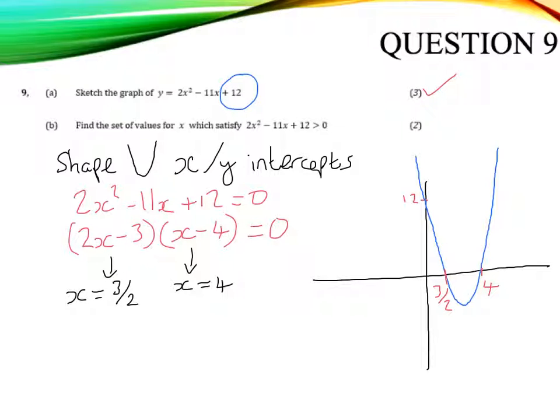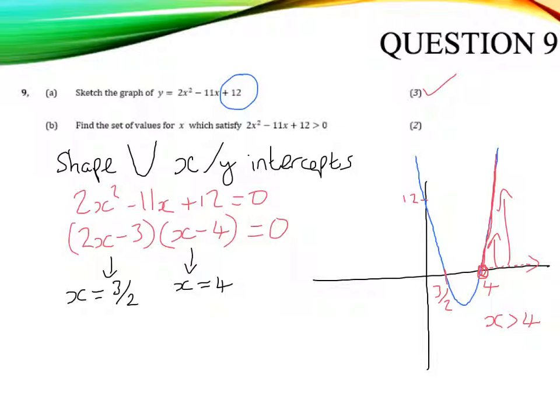The first place is here, coming up here. So from this point, coming this way. So all the values coming to the right are going to give me values up here which are greater than 0. So one of the solutions I can say is when x is greater than 4.